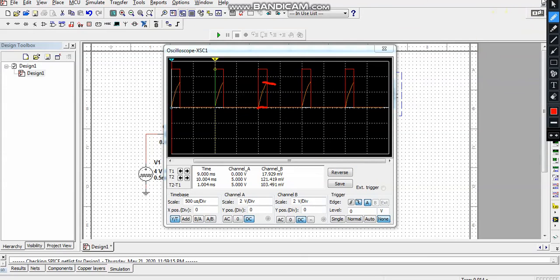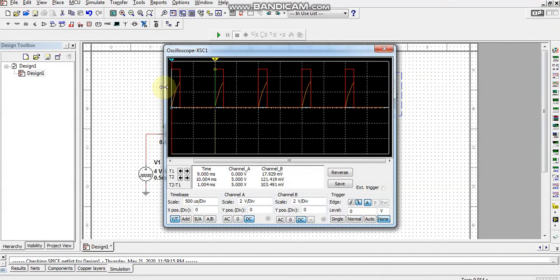This is the pulse output of a monostable multivibrator. You can observe VCC is 5 volts. The voltage at this point is 3.3, and in channel A it is 5 volts.